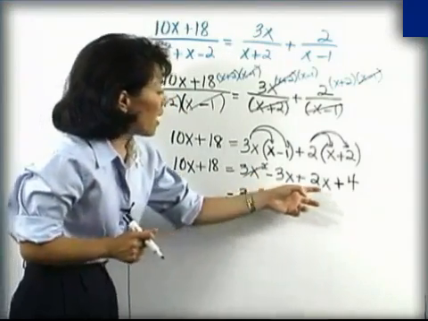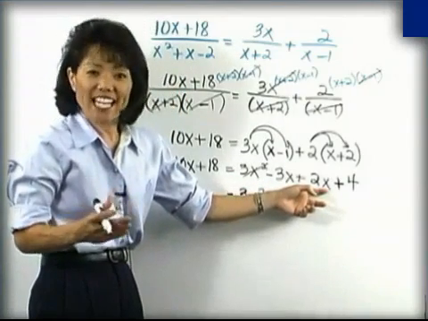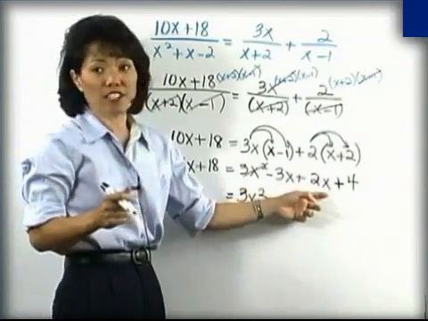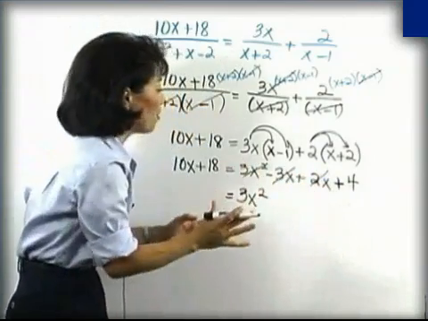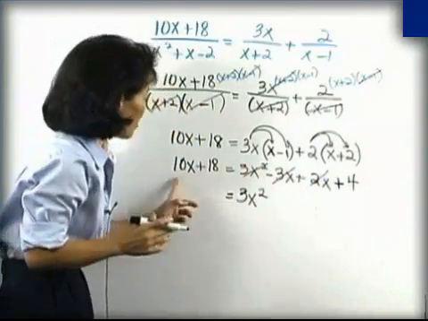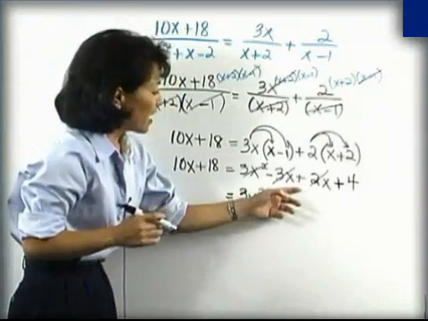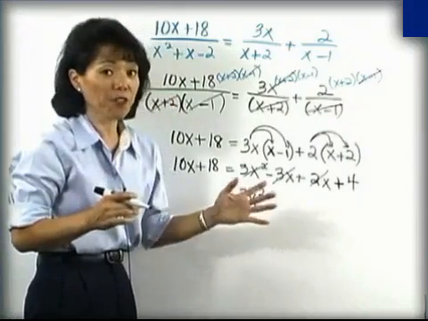Negative 3x and positive 2x give me a sum of negative x. You got that? Negative 3x, positive 2x, negative x. Now, I haven't written that down. The reason why I have a negative x here is now I'm going to subtract 10x from both sides. Negative x, subtract 10x more. Are you with me?